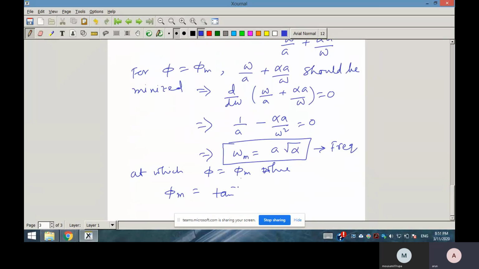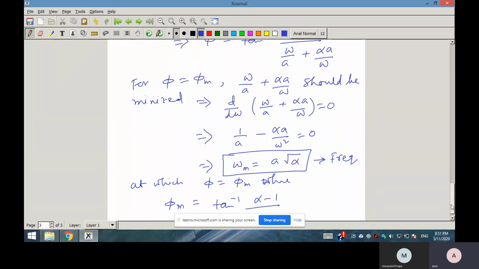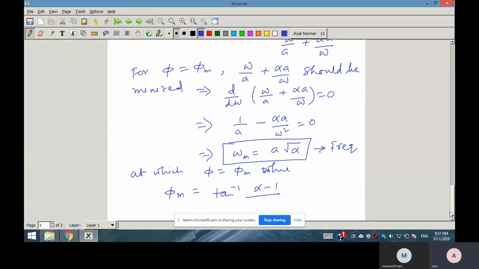Tan inverse of (alpha minus 1) divided by, if you put omega equal to omega m here, root alpha plus omega m by root alpha, which is also root alpha. So it will be (alpha minus 1) by 2 root alpha.